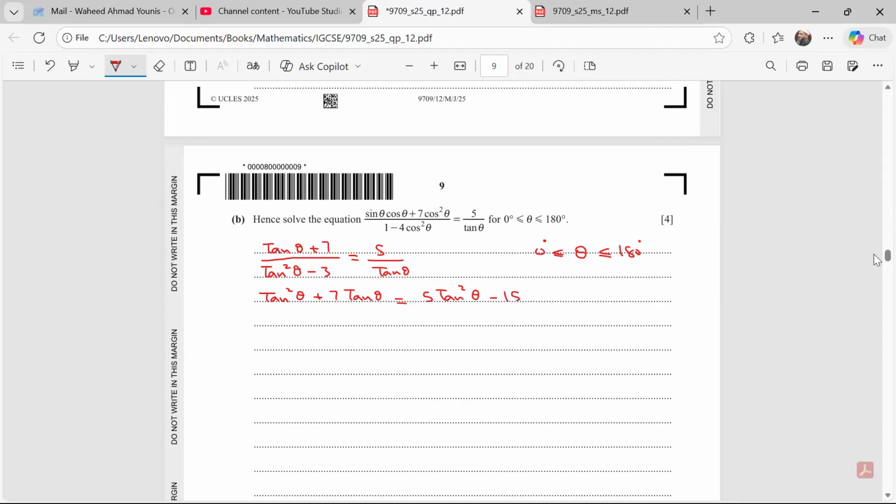So 5 tangent square minus tangent square will become 4 tangent square theta. If I take this on the left side, similarly, when I take this thing on the right side, it will become minus 7 tangent theta and minus 15 equals 0, right? So now we have a quadratic equation in tangent theta.